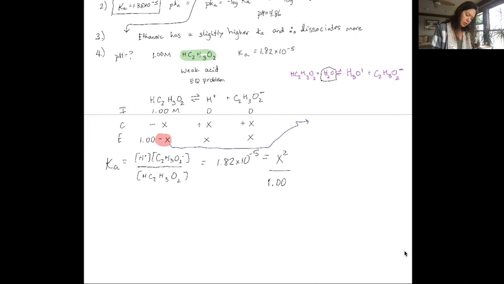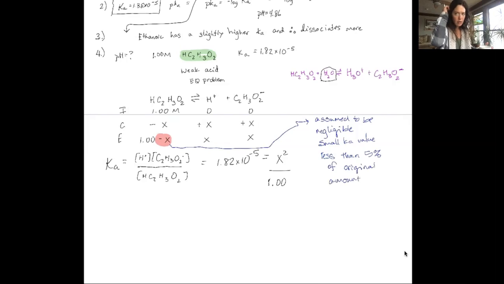All right, now we're going to do this in a slightly different way here. Assumed to be negligible. Why? Because of the small Ka value. And if in fact it is less than 5% of the original amount, so less than 5% of it actually dissociates, then the assumption is valid.